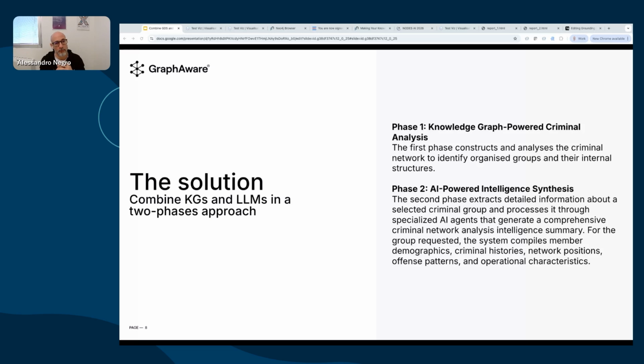The process is complex, so we need to split it into two major phases to make it manageable, easier to implement, and for me, easier to explain. The first phase focuses on the knowledge graph. During this phase, we construct and analyze the criminal networks and extract relevant insights out of them.